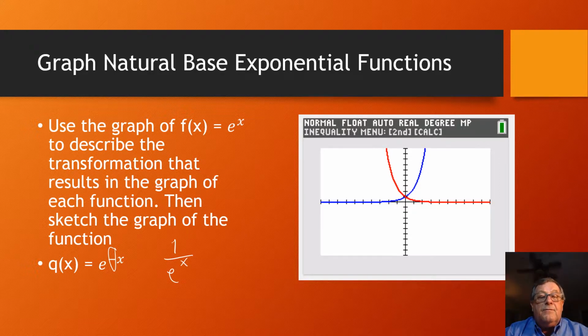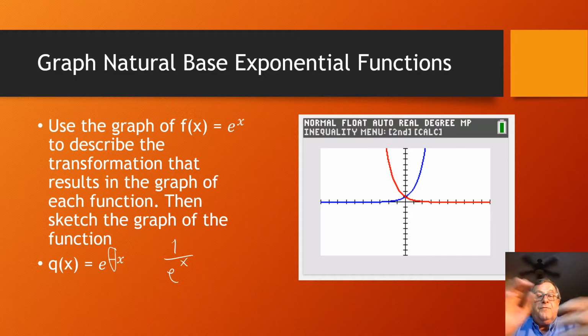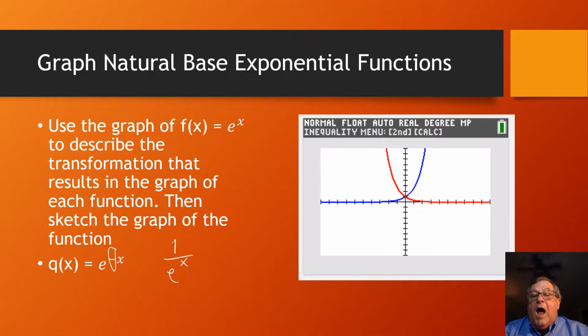That's what that negative does. It puts e to the x into the denominator of a rational function. And because of that negative, we see a rotation, a flip, if you will, across the y-axis.